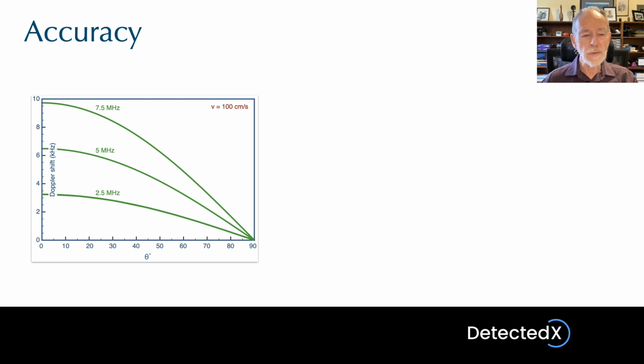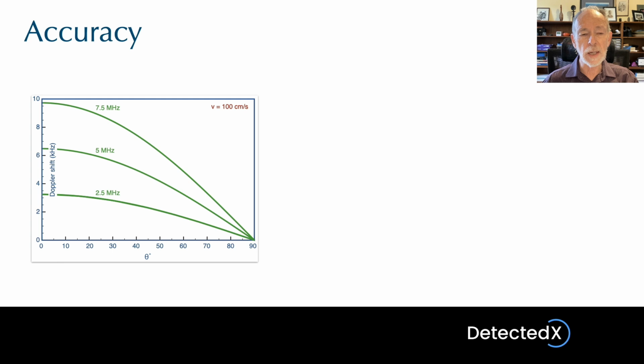So on the left-hand side, I've shown a graph indicating the Doppler shift, and that's the green lines and the vertical axis, and I'm showing it as a function of the Doppler angle, which is on the horizontal axis. When the Doppler angle is 0, that means the flow direction is parallel to the beam. Echocardiography is the one area where this is a fairly common situation.